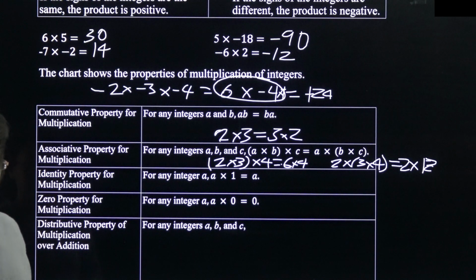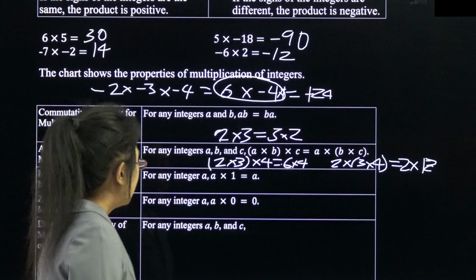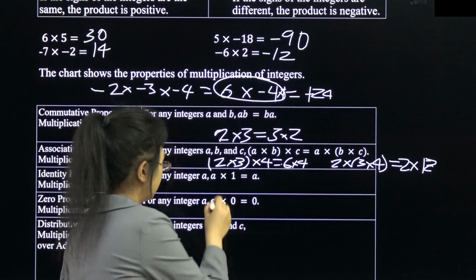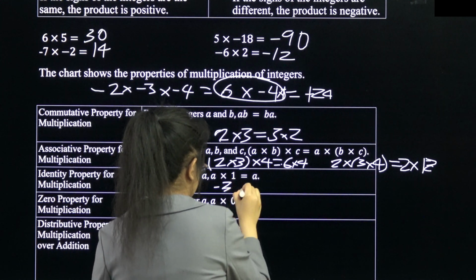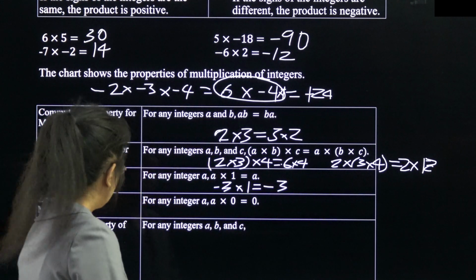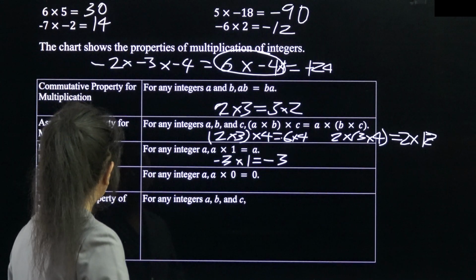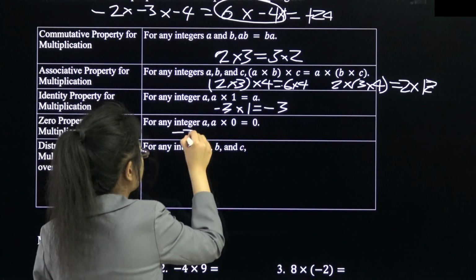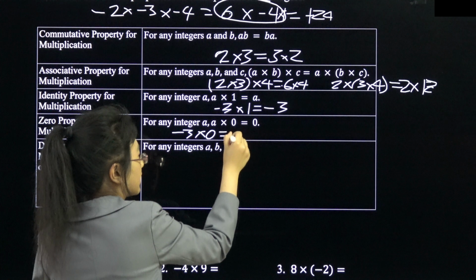Identity property for multiplication is anything times 1 equals that thing. Such as negative 3 times 1 is equal to negative 3. The zero property for multiplication is anything times 0 equals 0. Negative 3 times 0 equals 0.